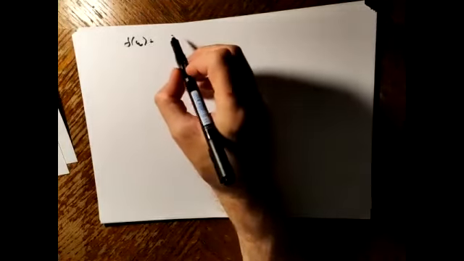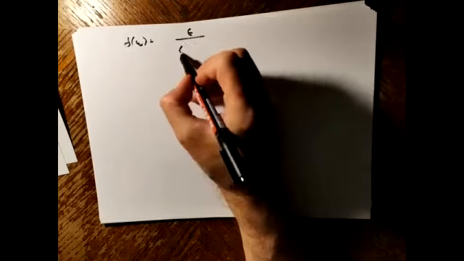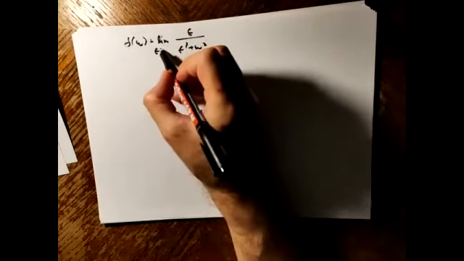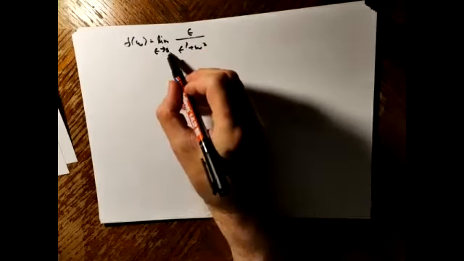So let us look at our function f of omega: epsilon over (epsilon squared plus omega squared), limit epsilon going to 0.